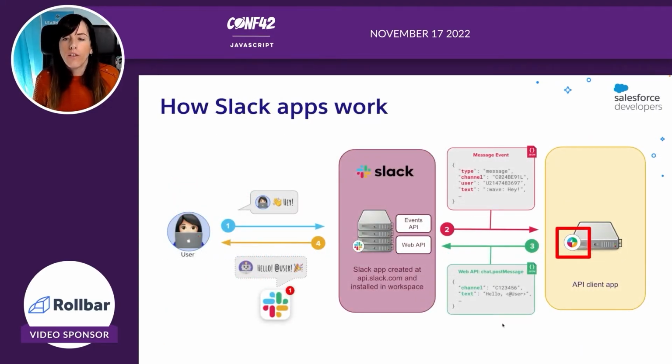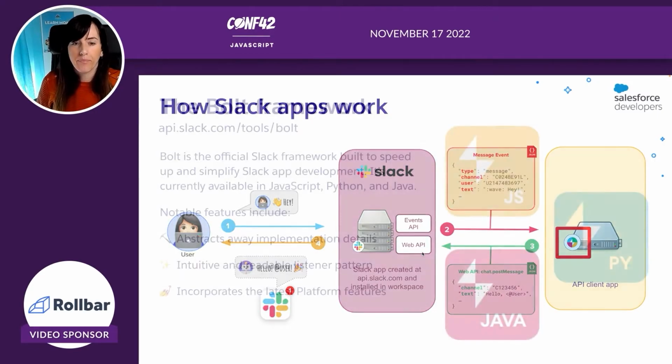So, if you pay attention to the previous slide, you see that there is an icon on the right-hand side block, the one that represents your client app. And that icon represents something called Bolt. Bolt is a framework that you can use to interact with these two APIs more easily.